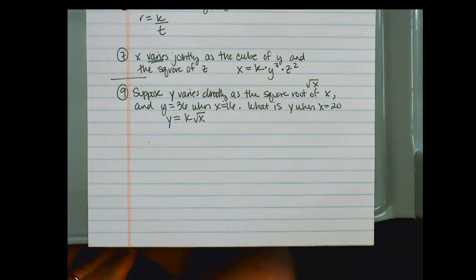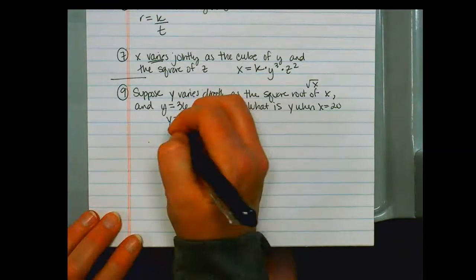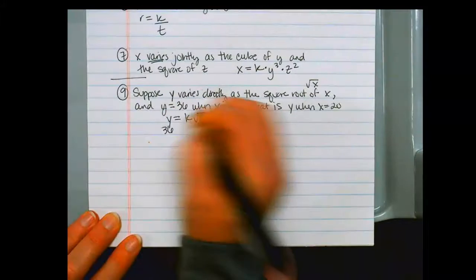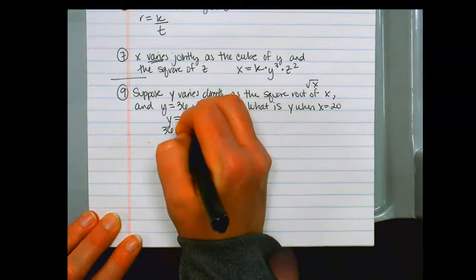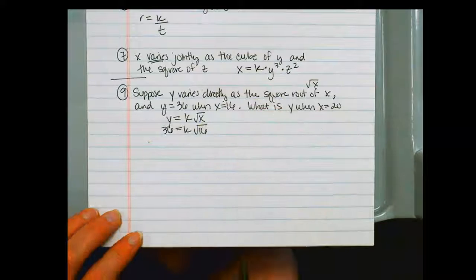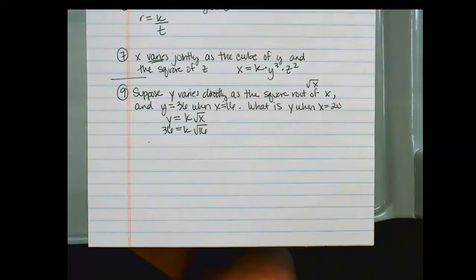They tell me one situation is that y equals 36 when x equals 16. So I've plugged those in. That's going to help me figure out k, which is the relationship. It tells me how they vary. It's the relationship for all of the situations that go with number 9.